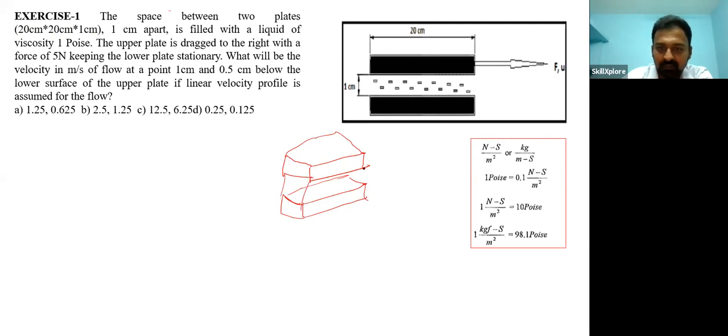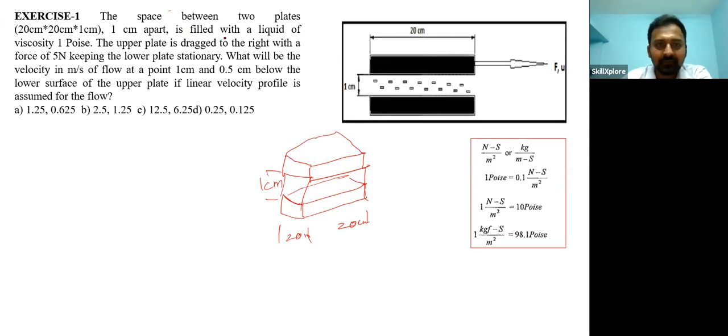The space between these two plates is 20 centimeter and 20 centimeter, and this is 1 centimeter. So the space between these two plates is given here.